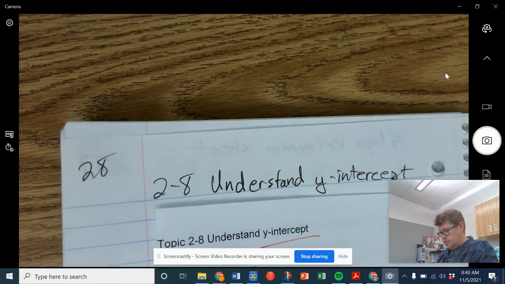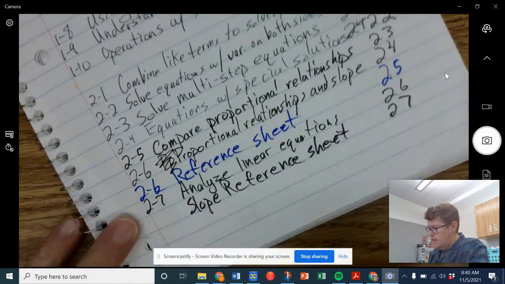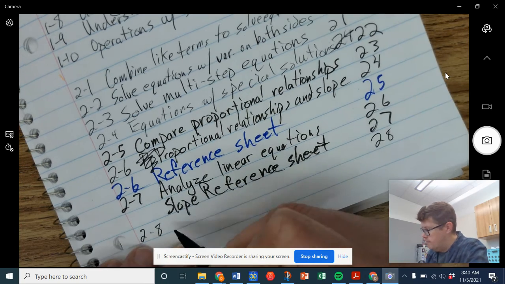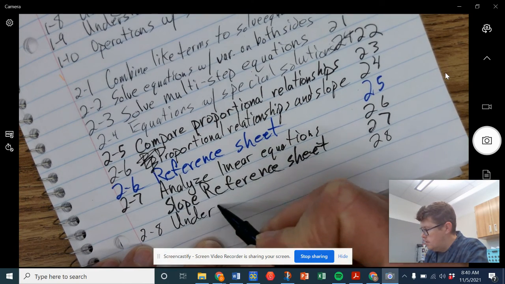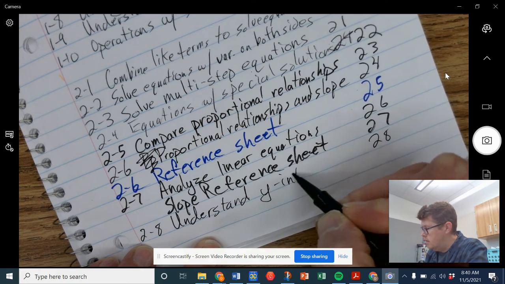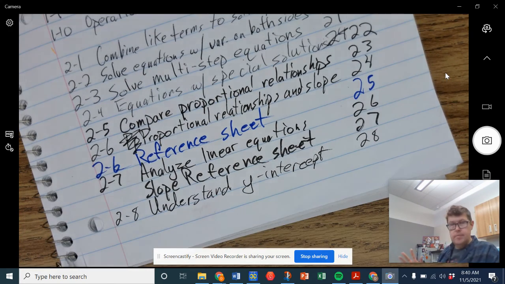Just like so. All right, cool. 2-8 on page 28. Understand y-intercept. Yeah, there you go, guys.